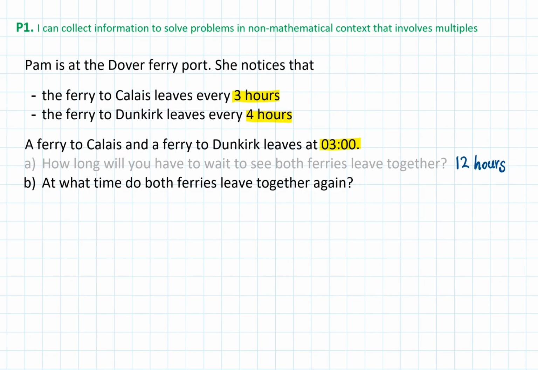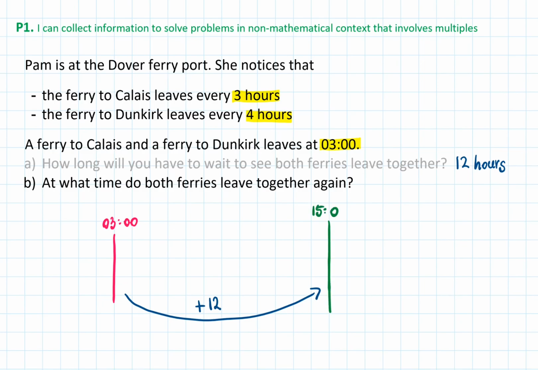That means that if we know that they leave together at 3 in the morning, and we'll wait the 12 hours to see them leave together again, then 3 plus 12 is 15, so they will leave together again at 15 hours or 3 p.m. in the afternoon. And that is the answer to the second question.